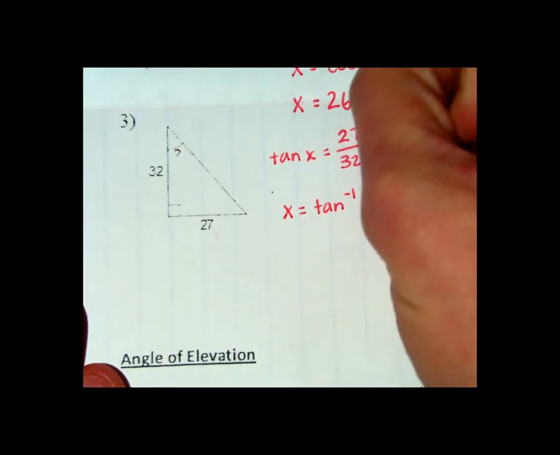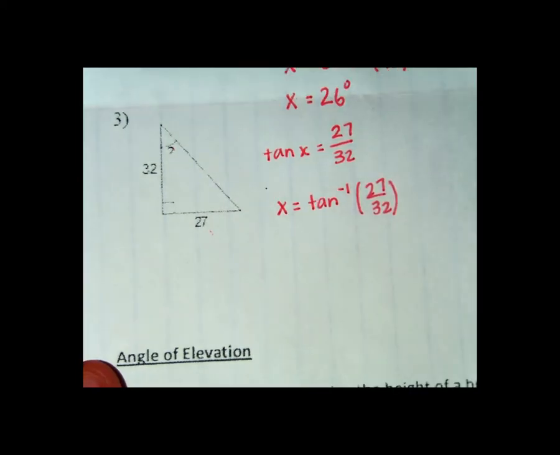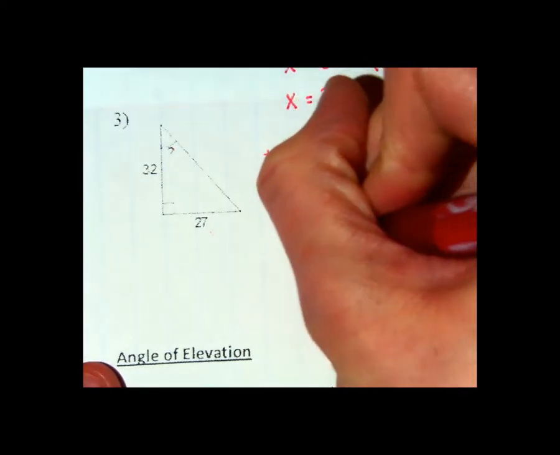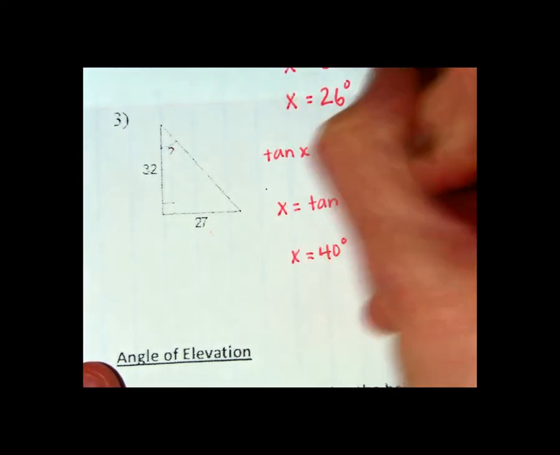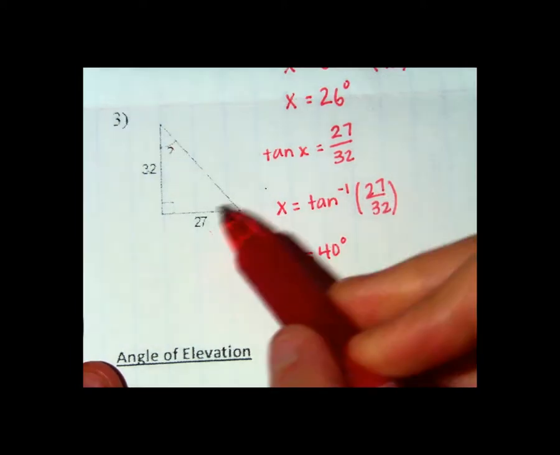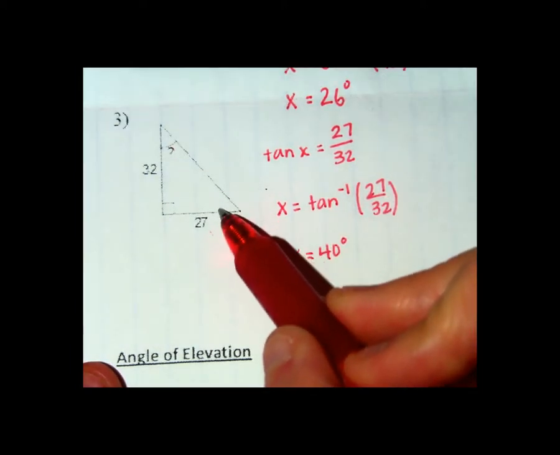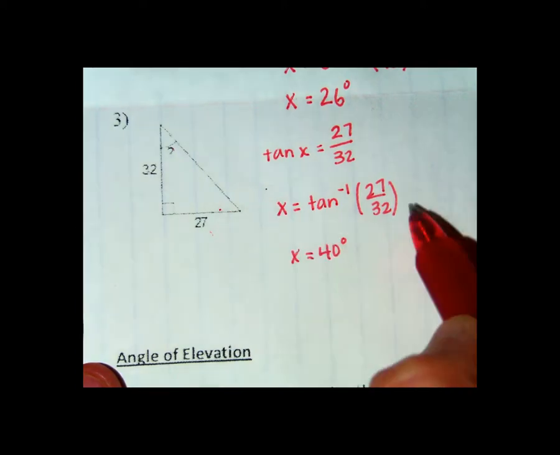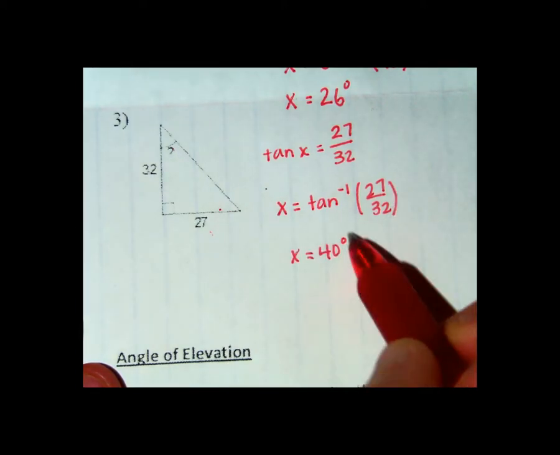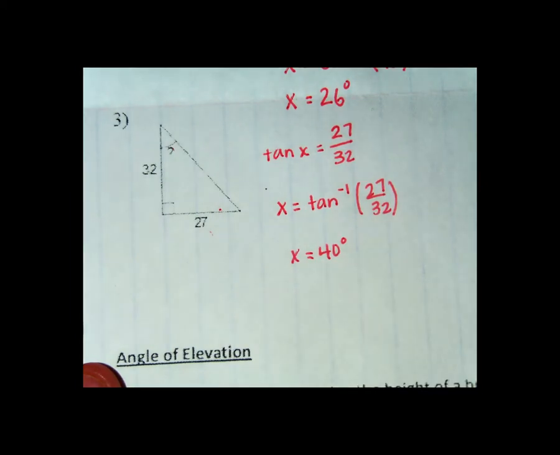The inverse tangent of 27 over 32. Alright, and what was your angle? Very good. If you wanted to find this angle, what would it be? You could do 32 over 27. You also can find it using this, but yep. So it'd be 50, yeah.